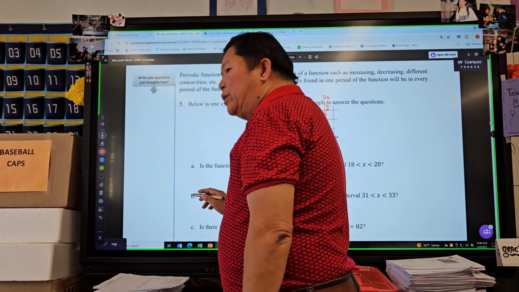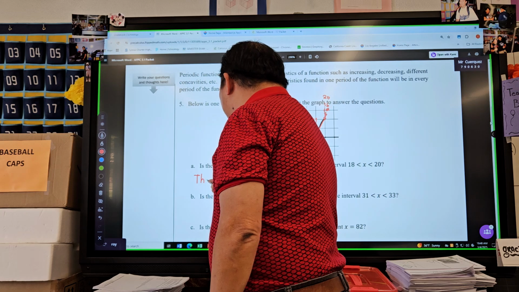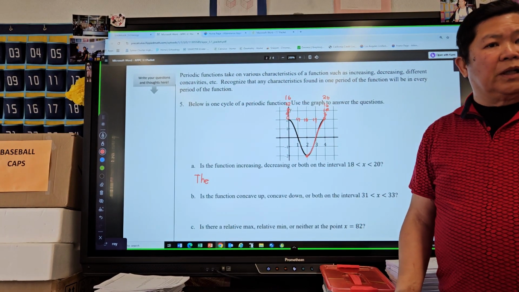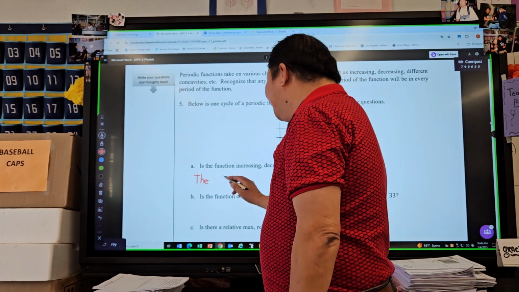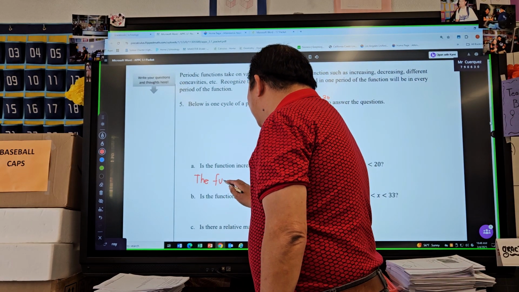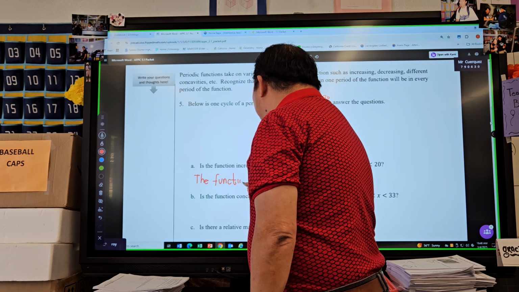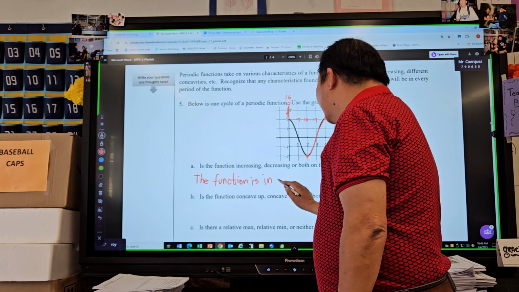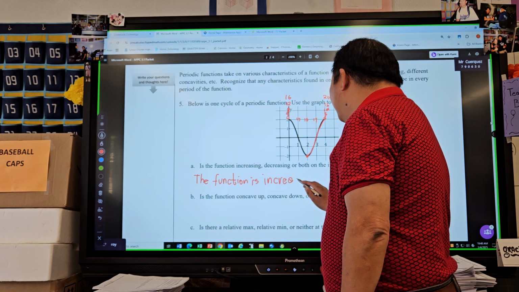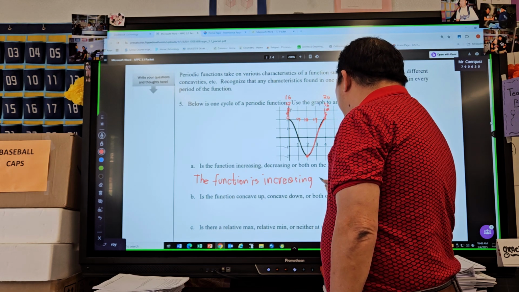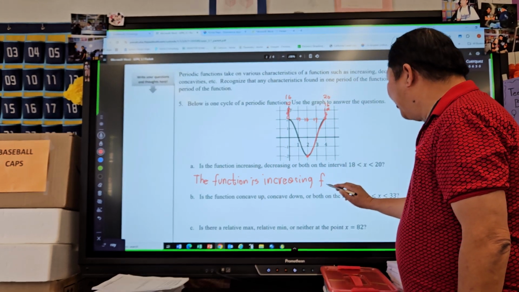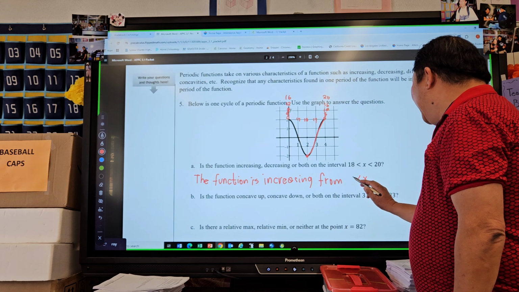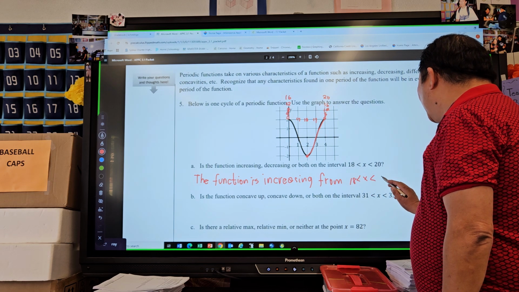I'd like you to write this down. This is how you justify in the actual AP exam, coming May 13. So the function is increasing from the interval 18 to 20.